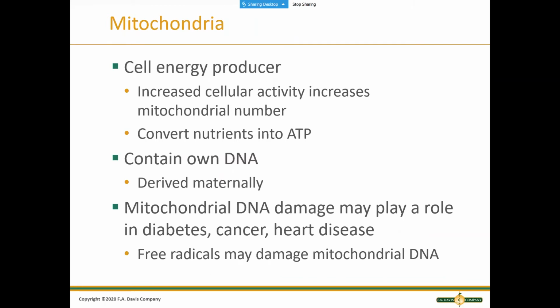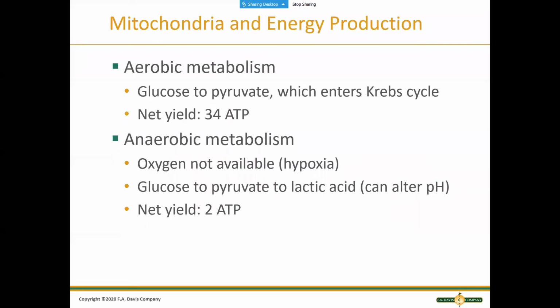Well, I talked about the mitochondria. One thing to know, aerobic metabolism. That means oxygen. Oxygen is being used. During aerobic metabolism, your cells generate 34 ATP. So the mitochondria, when we have enough oxygen, generate 34 ATP.